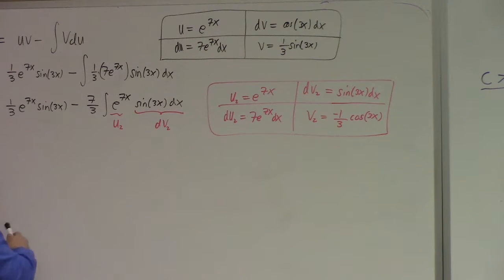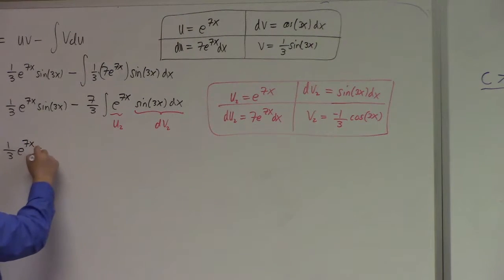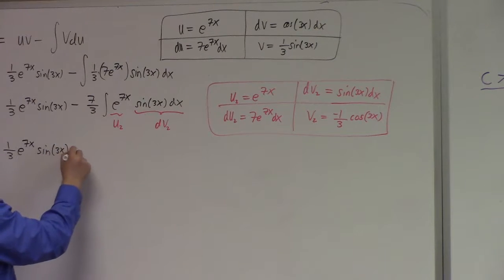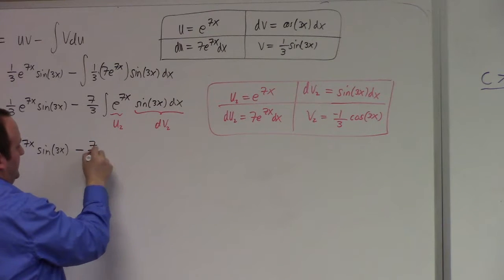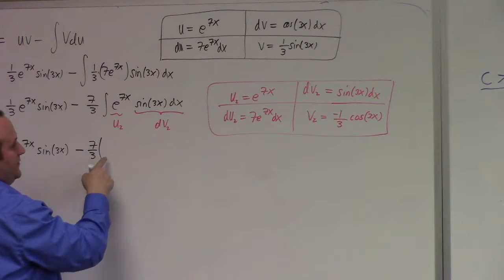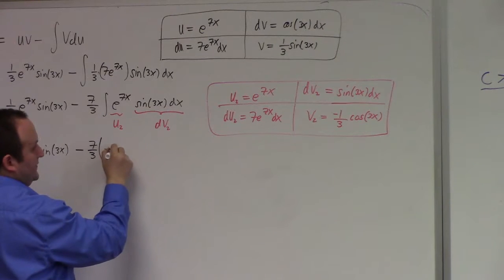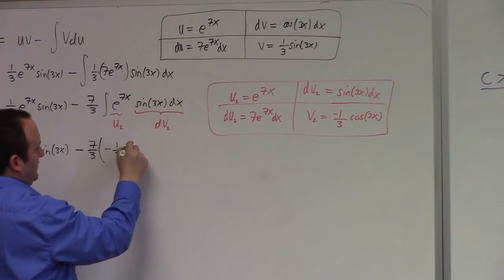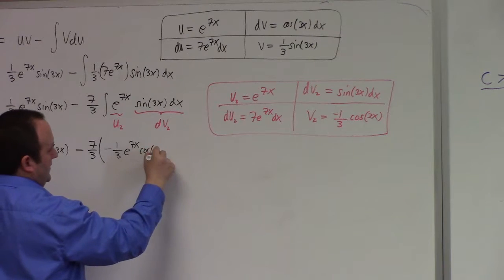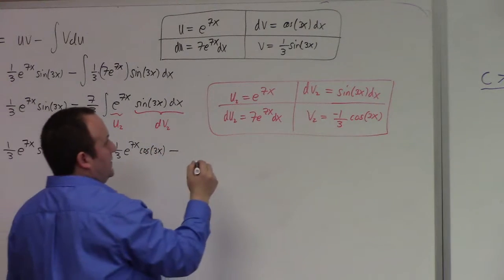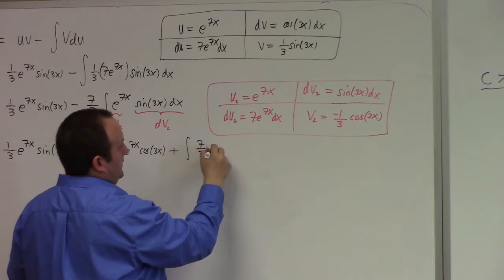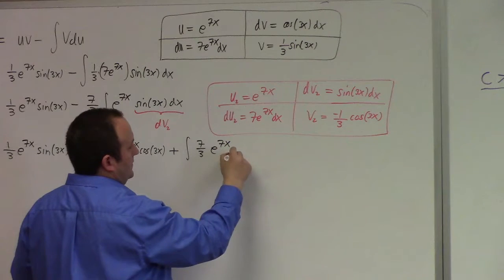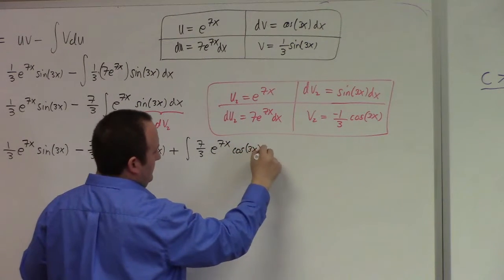And so what I have then is 1/3 e to the 7x sine of 3x minus 7/3, and let me put some parentheses here. What I'm going to write now is u2 v2, which is minus 1/3 e to the 7x cosine 3x, minus the integral of v2 du2, which is going to be plus the integral of 7/3 e to the 7x cosine 3x dx.